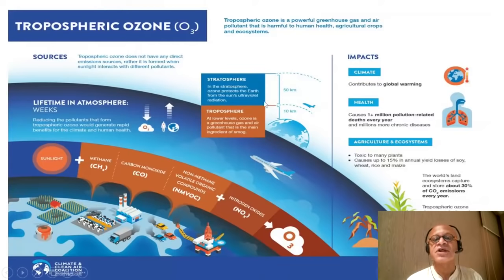And here is the stratosphere. In the stratosphere, ozone protects the Earth from the sun's ultraviolet radiation, where most of the airplanes fly in the lower stratosphere, upper troposphere, depending on the latitude. But obviously there are issues of aircraft releasing ozone-damaging substances as well, which we will not get into.